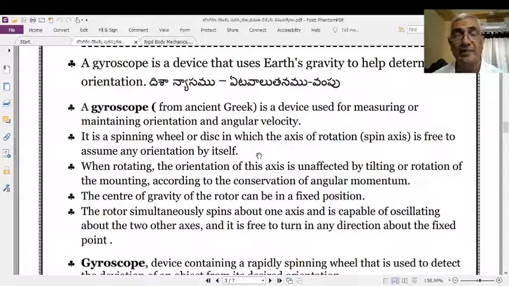This axis of self-rotation can adjust by itself to any desired orientation, depending upon the spin of the disc. That is the superiority of the gyroscope.